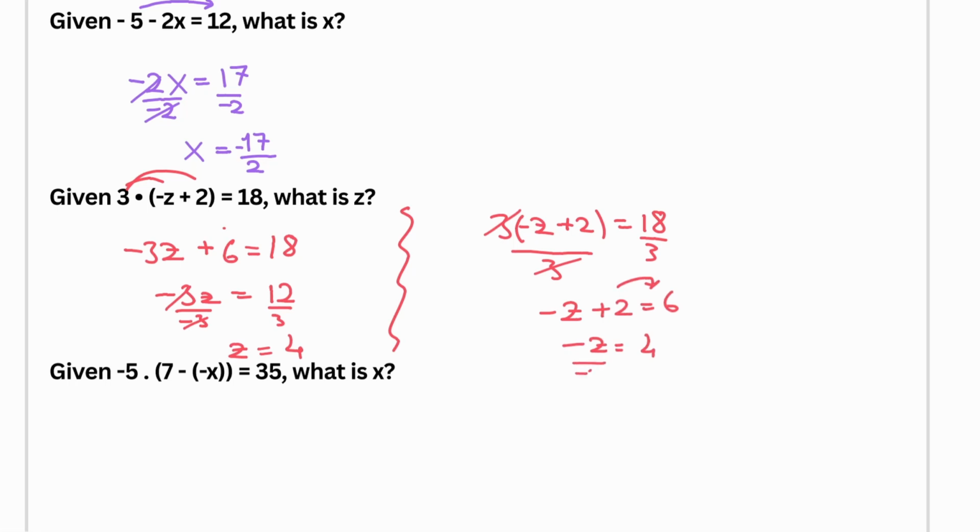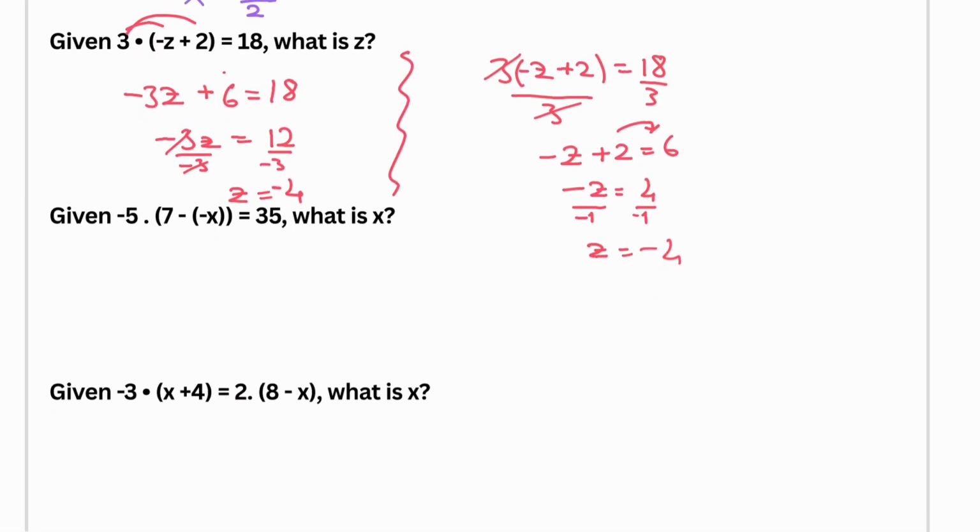Divide both sides by negative 1, which means that z equals negative 4. Oh, sorry, I forgot to. Okay, so in here we divided both sides by negative 3. I forgot to put negative. Both of the answers are negative 4. So basically, it's up to you to decide which one you want to use.